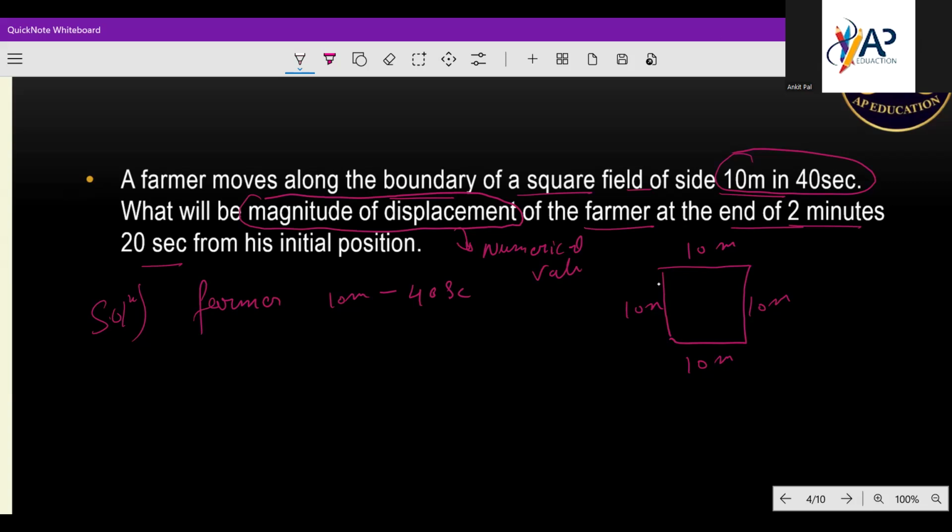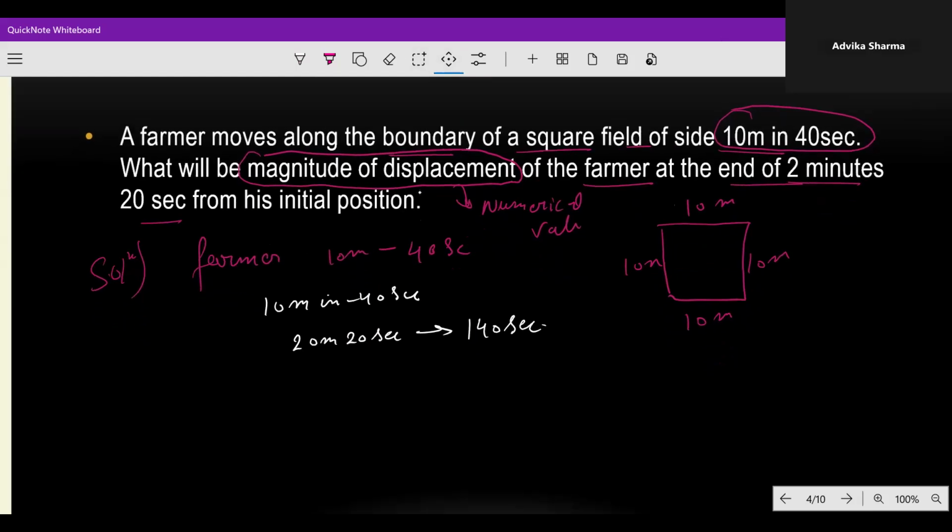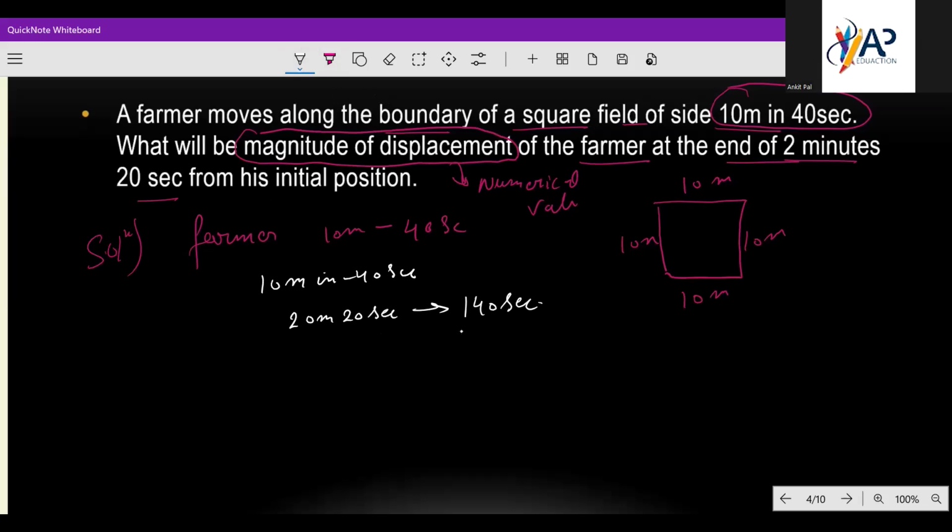Listen. 10 meters in 40 seconds. 2 minutes 20 seconds converted into seconds becomes 140 seconds, which we can write as 120 plus 20.